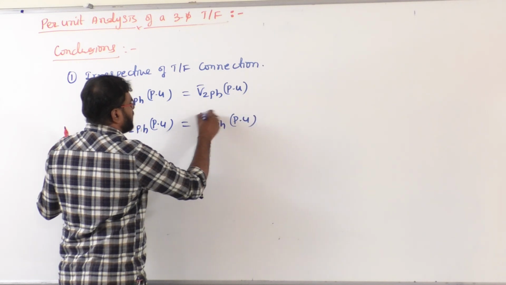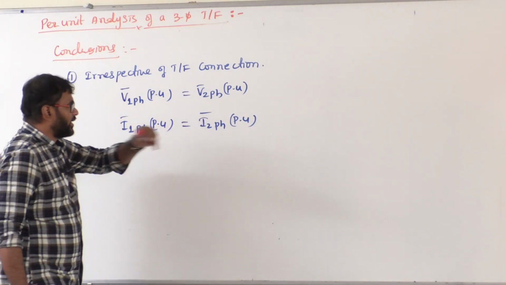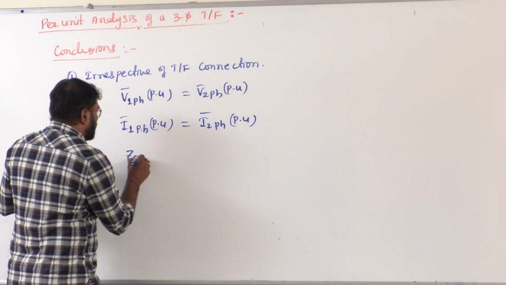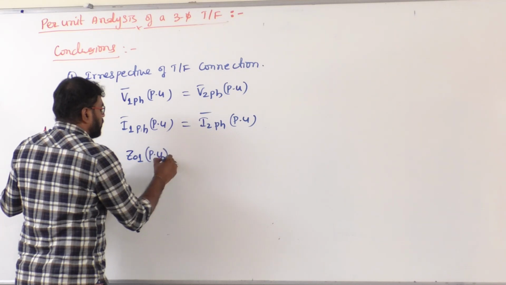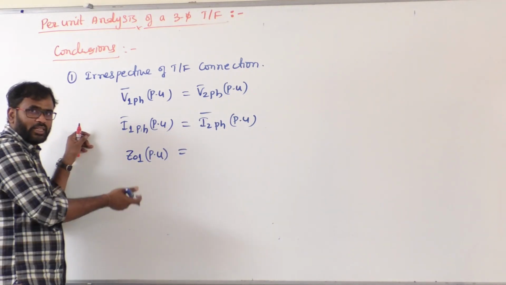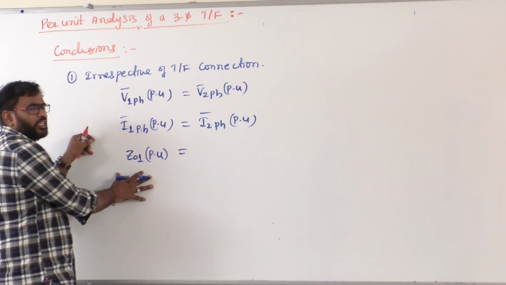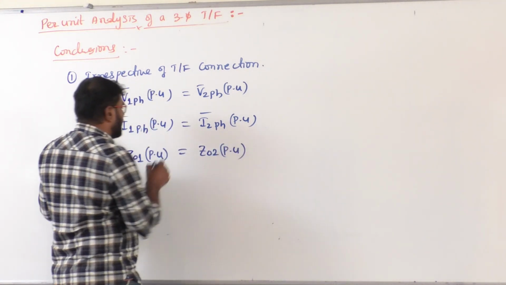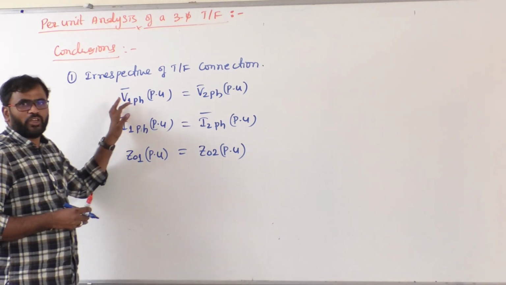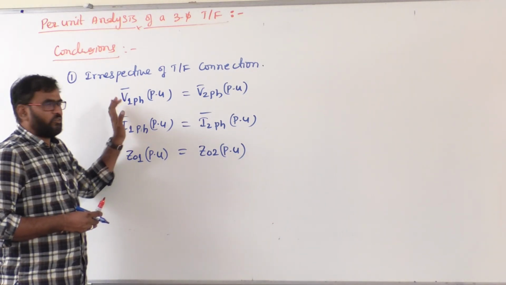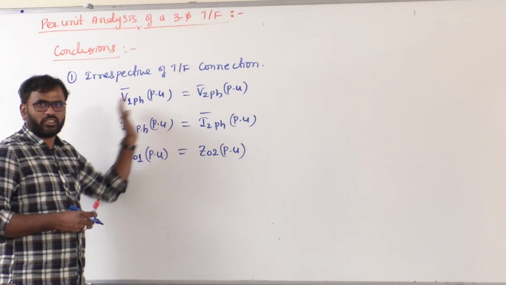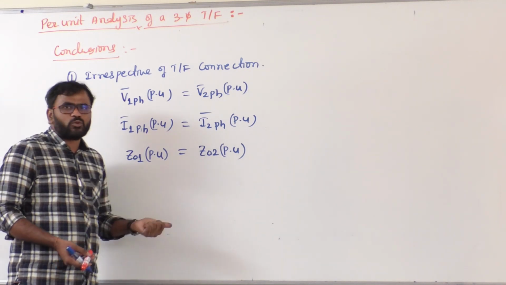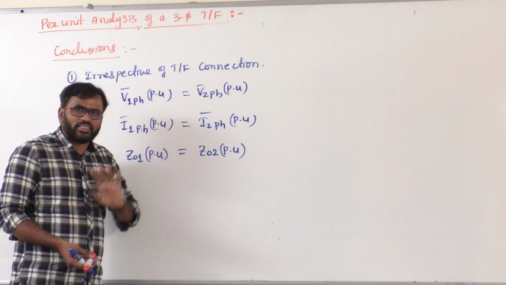That means the phase current in the primary and phase current in the secondary in per unit form are always the same. And Z01 per unit equals Z02 per unit, we have not proved this. We will take an example a little later, then we can prove this. Simple way to understand is phase current and phase voltage in the primary and in the secondary are the same. Similarly, impedance means by default phase only. That's why that is also the same. Anyway, we will prove by considering an example.